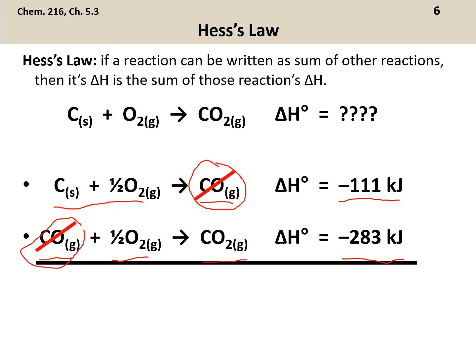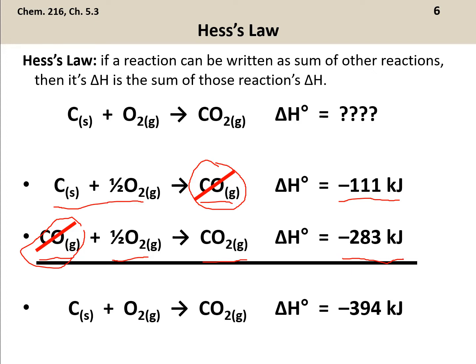So those two are going to basically cancel out. Right? And I have half O2 here and half O2 here, both as reactants. So instead, not cancel out, what I'm going to get is one complete O2 out of this. So if I have reactants here, products here, they cancel out. But if I have two reactants, they add up. So I have carbon plus O2 going to CO2. And my delta H would just be the sum of these two.